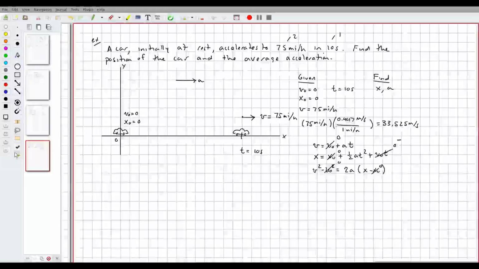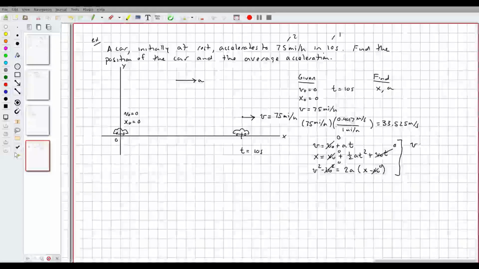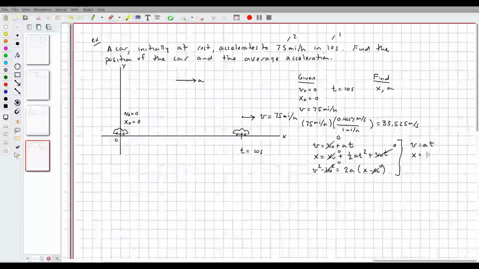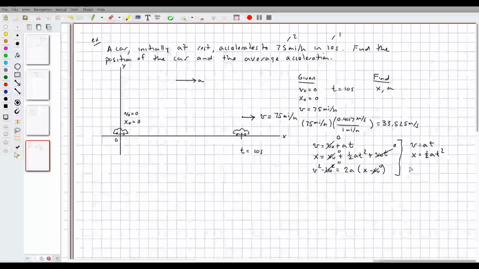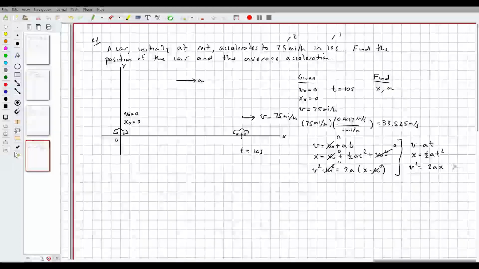So what that does is take these three equations right here and simplify them. v is equal to a times t. x is equal to 1/2 a times t squared. And v squared is equal to 2 times a times x.